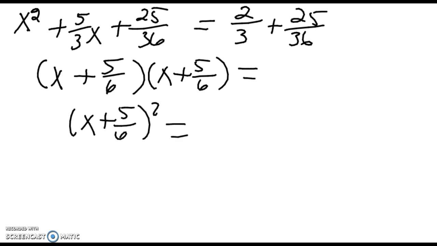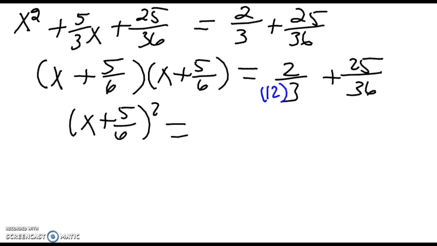And then let's come over here and let's go ahead and add. We add 2/3 plus 25/36. In order to add fractions, the denominators have to be the same. So I want to multiply this denominator by 12 and the numerator also by 12 to maintain equality. So then this becomes 2 times 12 is 24. 3 times 12 is 36.